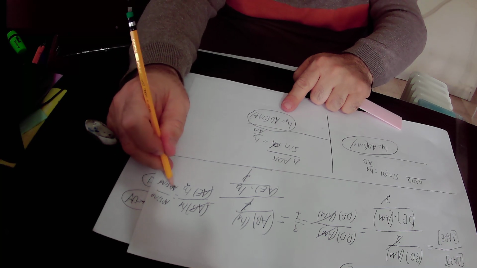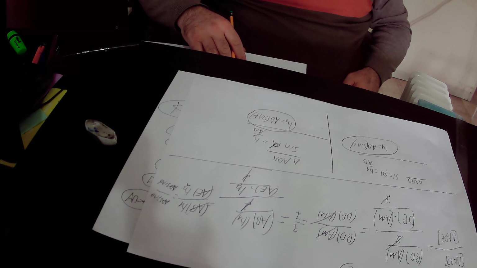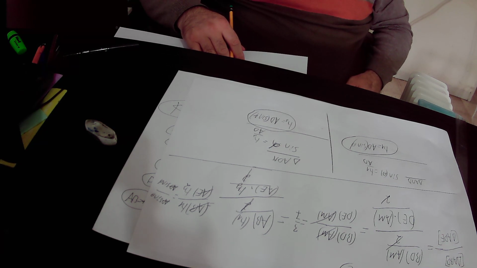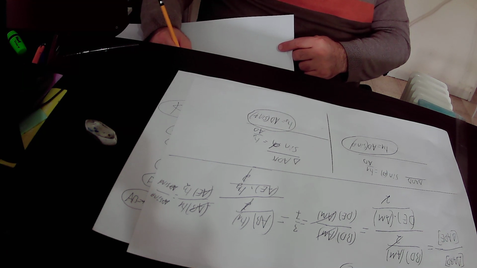Here AD over AD is 1, so AD will get cancelled. In conclusion, we call this equation number 1.